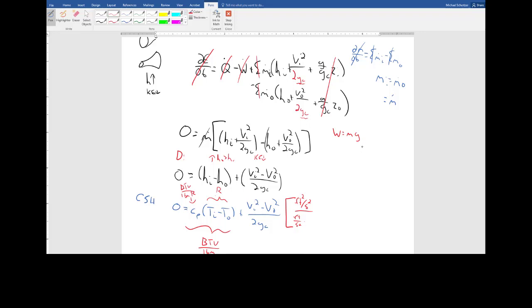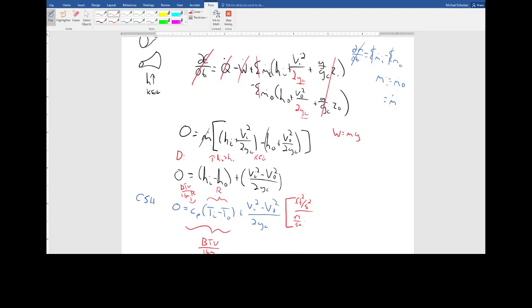And this works great in the metric system, because I'd get weight in newtons, mass in kilograms, and times either newtons per kilogram or meters per second squared, which is the same thing.